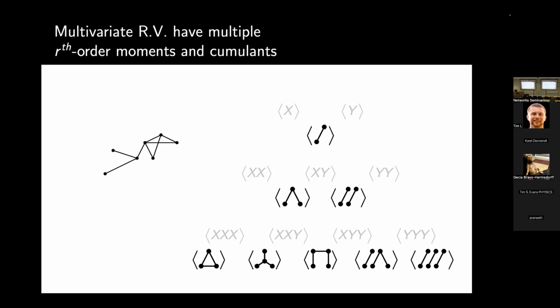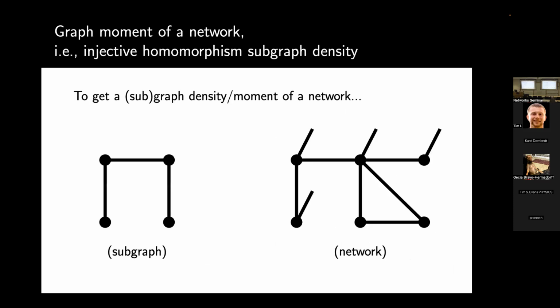And that's because the data is in the edges, so that makes sense. So let me explain exactly what a graph moment for a network could be. Say you have your big network here, and you want to compute the graph moment associated with this subgraph. I'm calling graph moments and subgraph density the same thing.